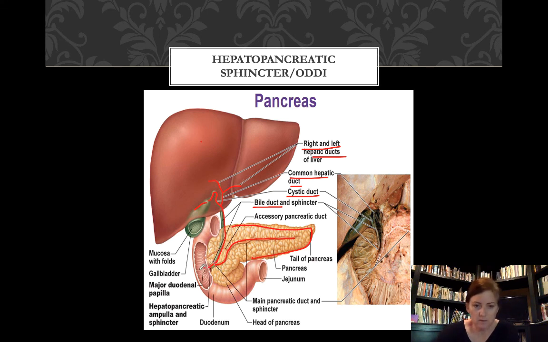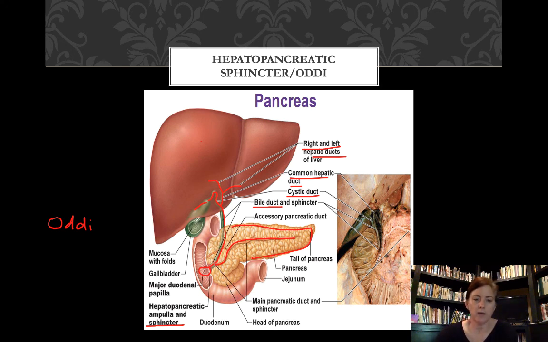If you see this little hole right here, this is called the hepatopancreatic sphincter, otherwise known as sphincter of Oddi. So you're going to see kind of both names listed, so you should know both of those.